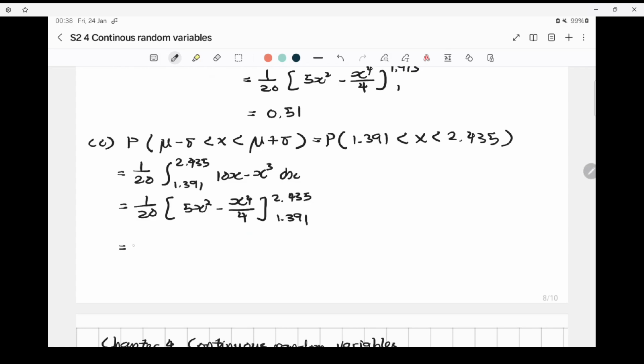So what you should get is 0.6059. So that is your probability.